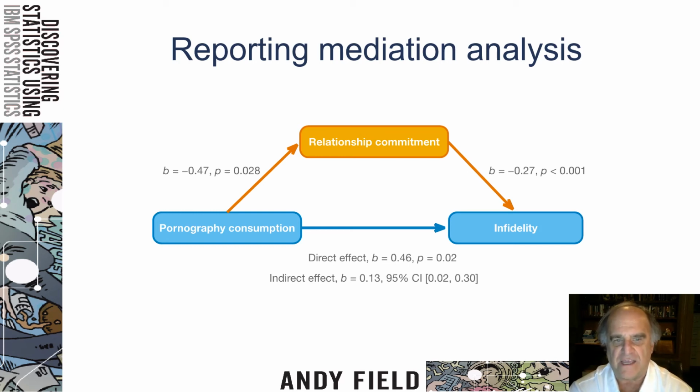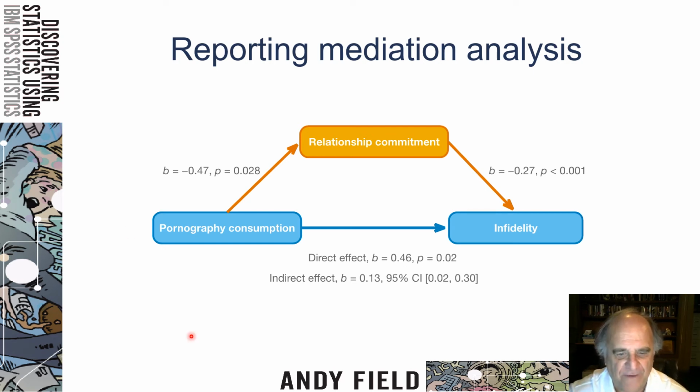So we can see the direct effect, the indirect effect, the A effect from pornography consumption to relationship commitment, and the B effect from relationship commitment to infidelity. I say B, there's double B's right there, right? It's the B value associated with the B effect or B path.